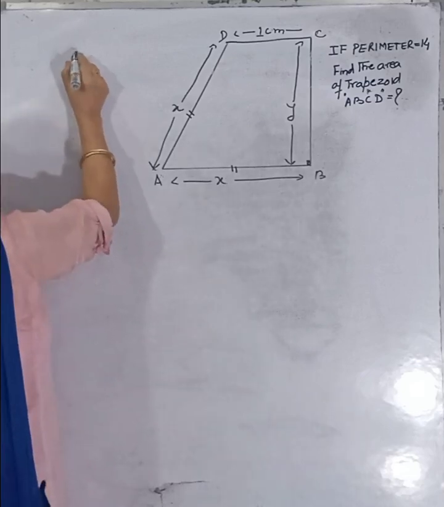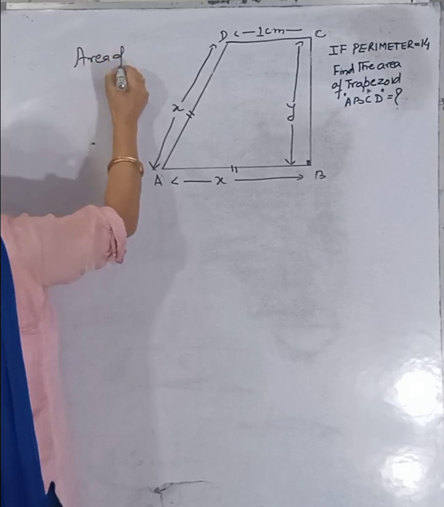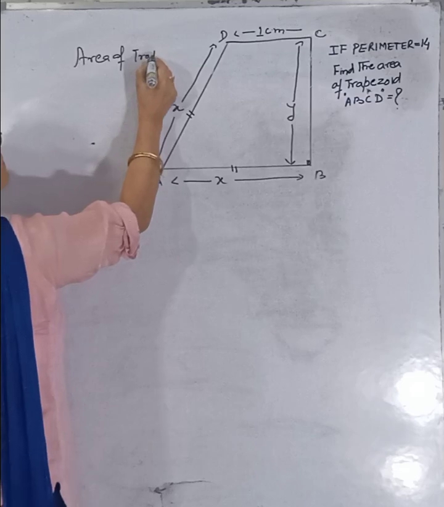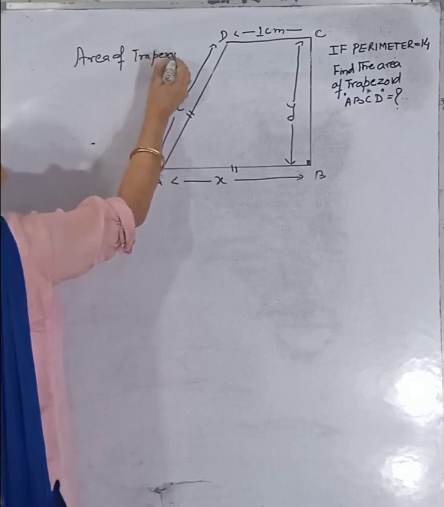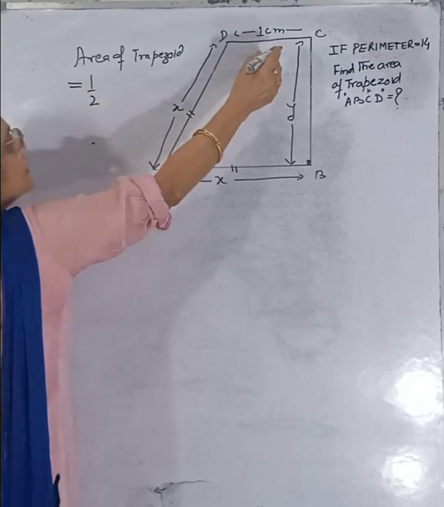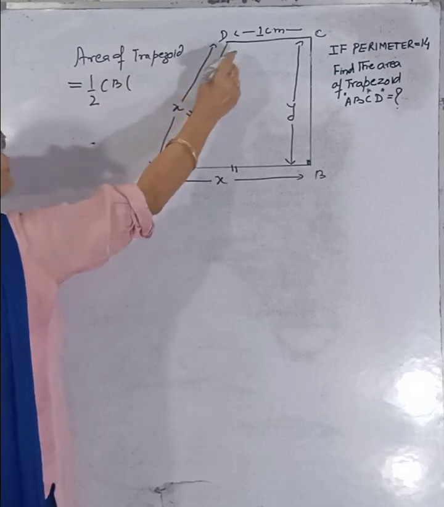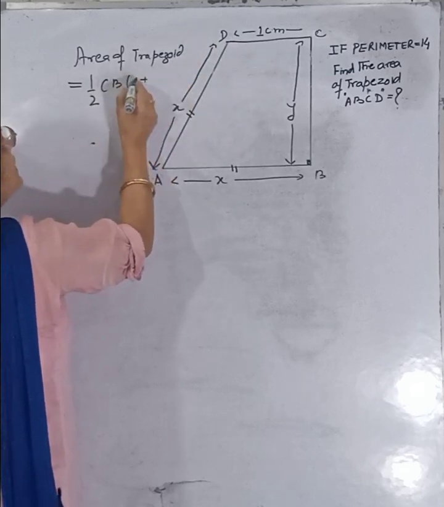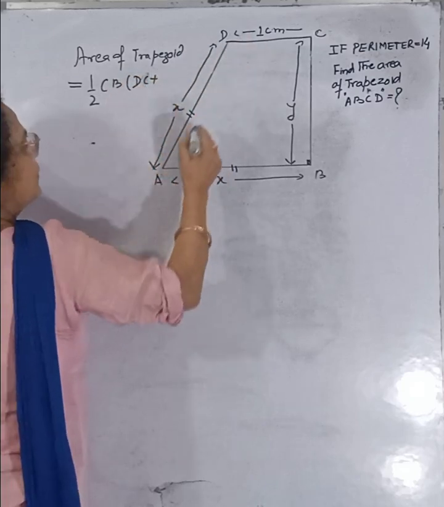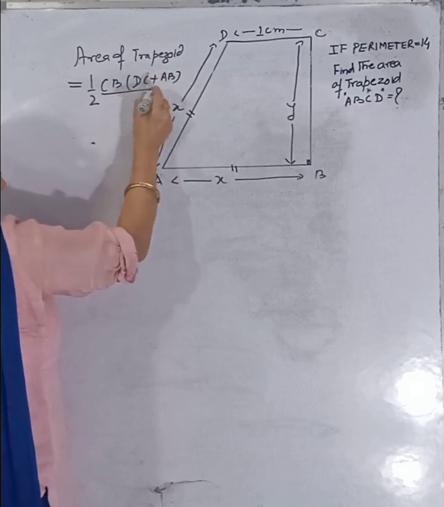Hence, the area of the trapezoid will be equal to 1 by 2 into the sum of the parallel sides, DC plus AB, into the height.